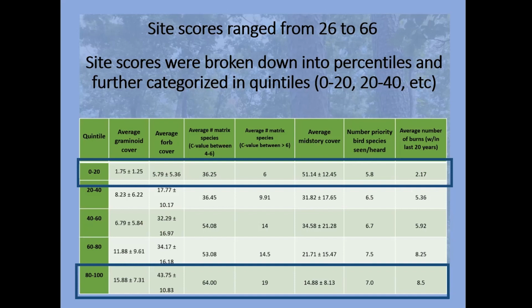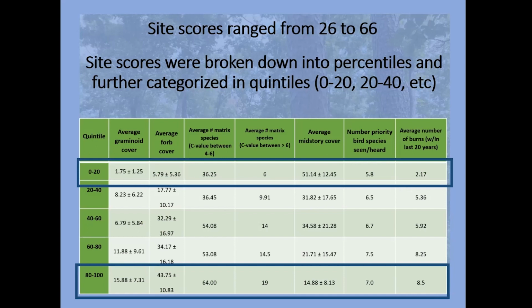Another interesting component is the average number of burns within the last 20 years. So in the lower scoring sites, we saw on average about 2 burns. In the higher scoring sites, we saw closer to 10 burns within the last 20 years. However, those higher scoring sites already were given preferential treatment because they were higher scoring.